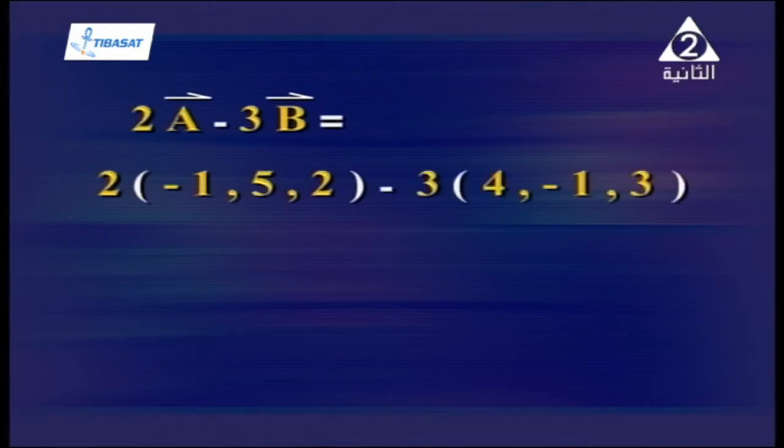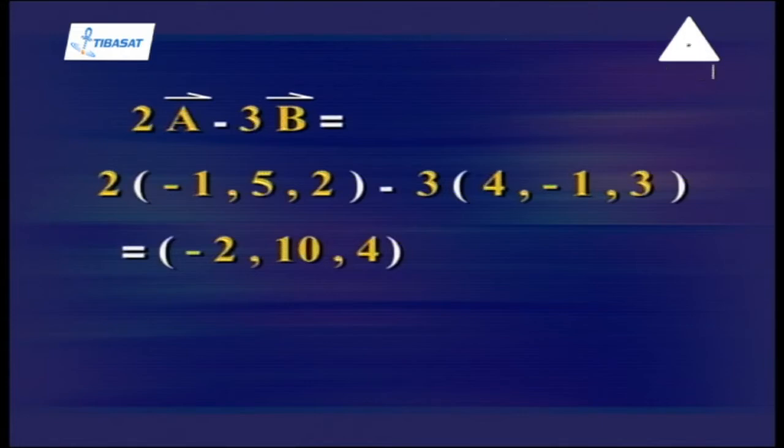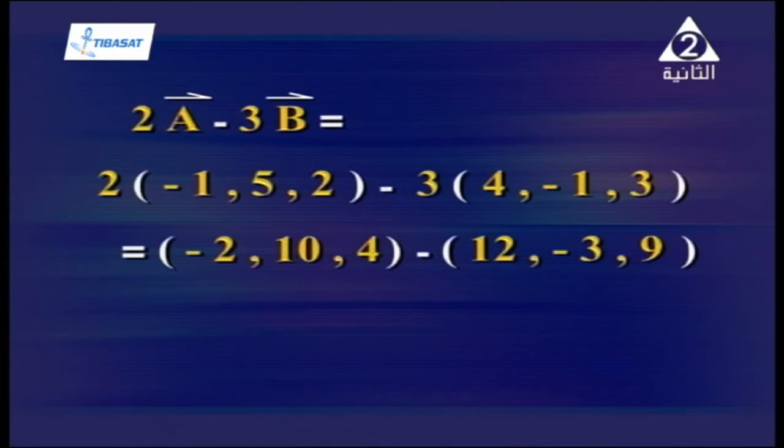Also, my dear student, we multiply 2 by the components of vector A minus 3 multiplied by the components of vector B. By distribution, the answer is (negative 2, 10, 4) minus (12, negative 3, 9). Then negative 2 minus 12 is negative 14, 13, negative 5. This is the final answer.